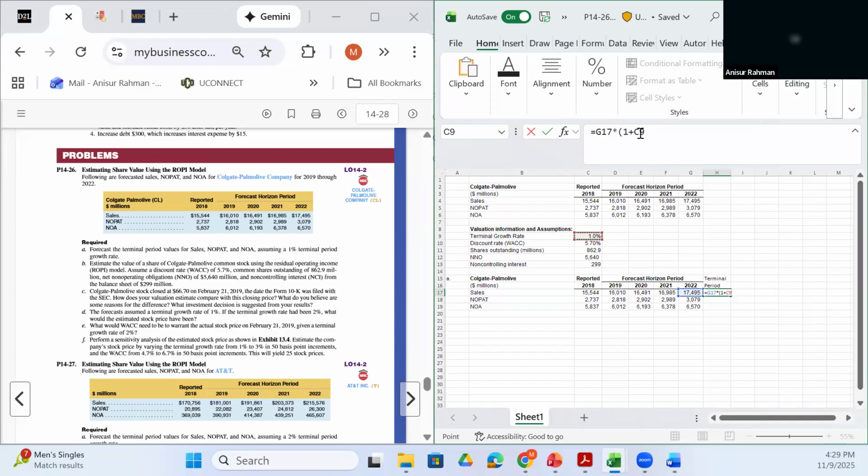To lock this cell, depending on your keyboard, if you press just F4, you will see a $ sign in front of C, which is the column, and in front of number 9, which is the row number. So both row and column will be locked. If F4 does not work, you can also manually type the $ sign.